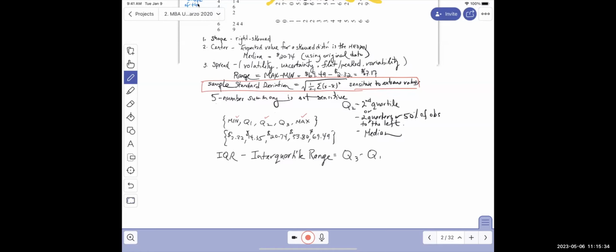So this is what's called the 75th percentile. 75% of the data is to the left of it, or we call it the 3rd quartile. So percentile is just that. It says 75% of the observations are to the left.